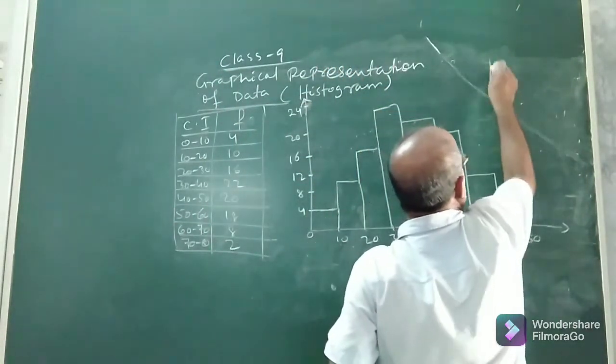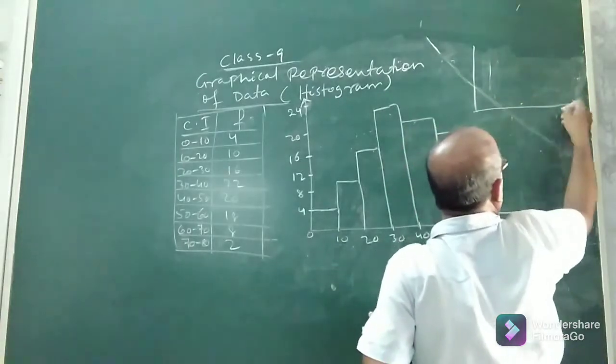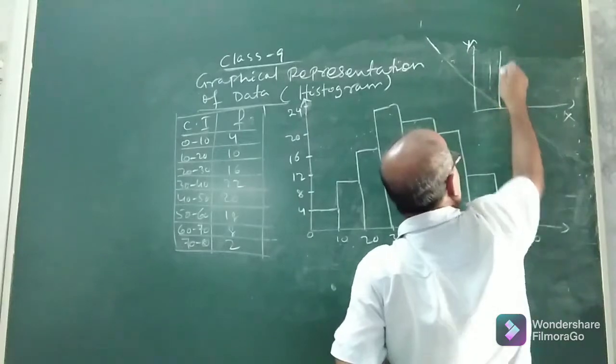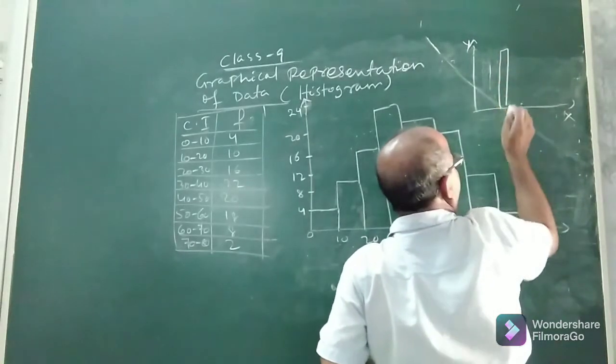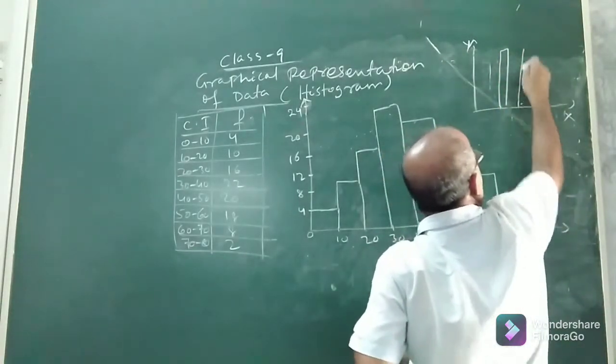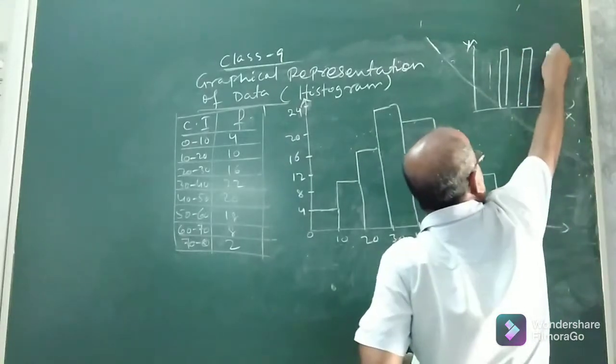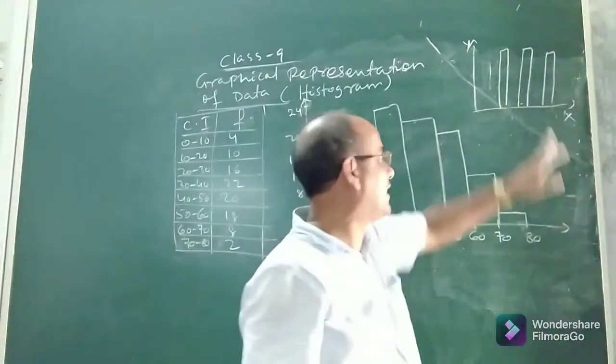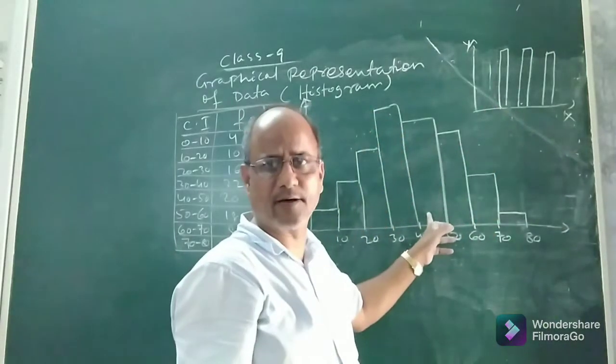You see, this is the figure of a bar graph. Suppose this is my x-axis and this is your y-axis. Now look at this, this is one bar, this is another bar, this is another bar or rectangle. Look at the difference between this figure and this figure.